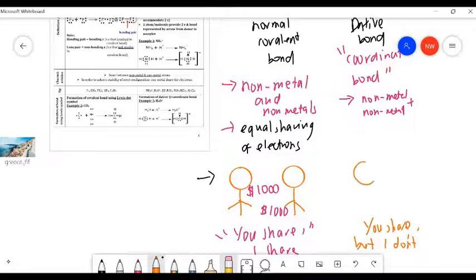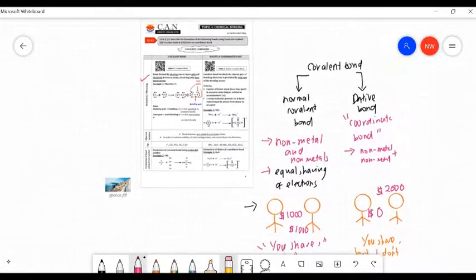So untuk dative bond, okay, you ada you punya partner. Okay, now your partner yang share $2,000 to start the business and the amount you share is 0. You tak share apa-apa. Okay, your partner sahaja yang share. So, this is the bezanya antara normal covalent bond dan juga dative bond. Alright. So, kita tengok dia punya explanation dekat situ.